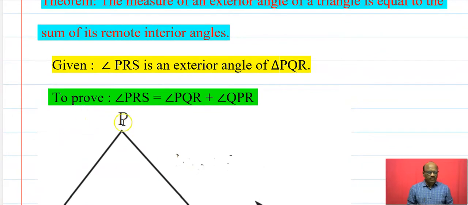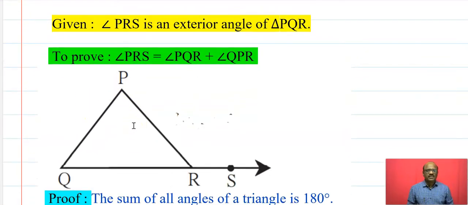To prove: the remote interior angles are angle P and angle Q, that is angle RPQ and angle PQR. These are the remote interior angles, and the measure of angle PRS is equal to the measure of angle RPQ plus the measure of angle PQR.